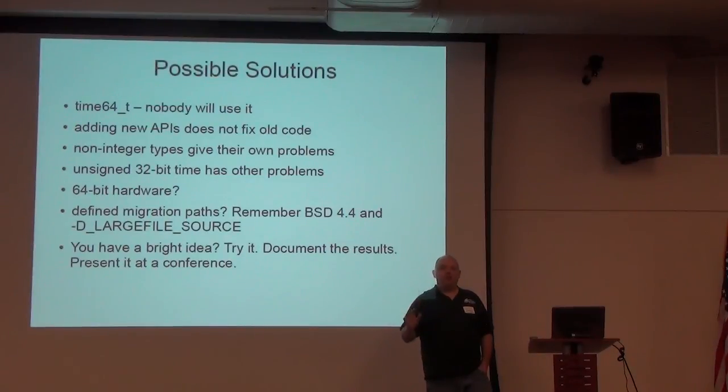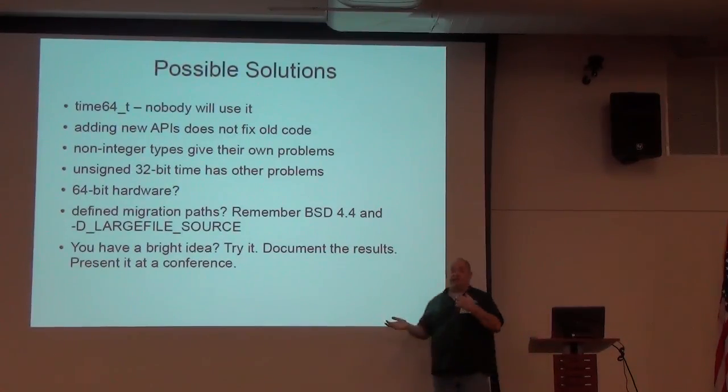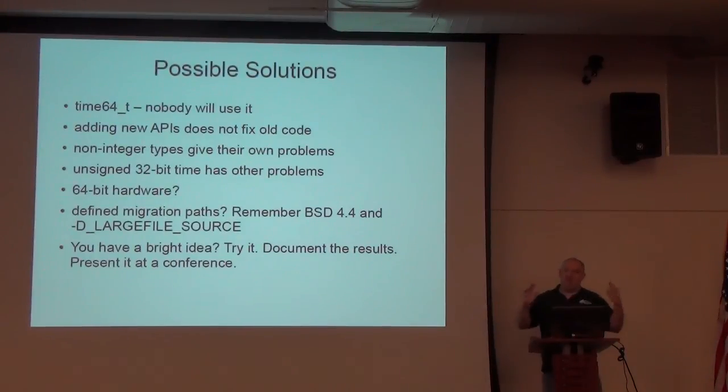I know they've pulled a few, but for the most part, old code actually works. And there are other things. There are games you can play with signed versus unsigned. That all gets really ugly really fast, and lots of stuff will break. And if you're going to break it anyway, let's break it properly.